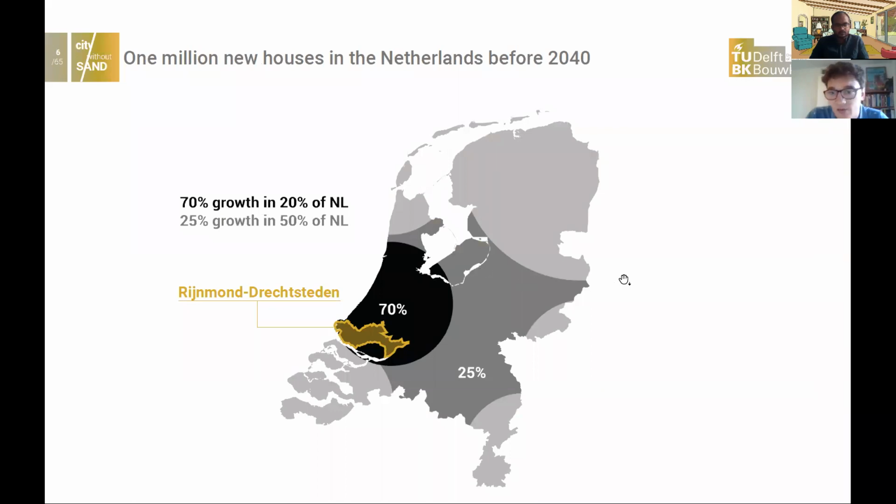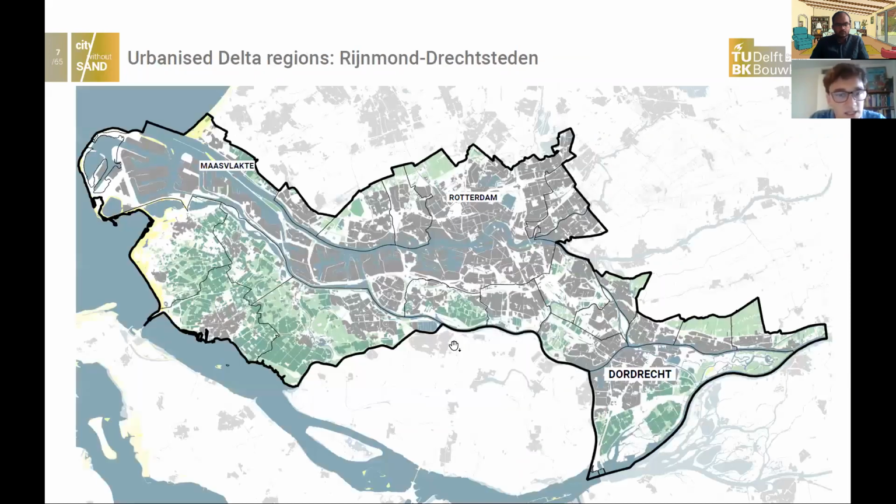And as I already mentioned, a lot of it is used in urban development, and the Netherlands also has the challenge to build 1 million new houses before 2040, with 70% of it in the Randstad region. And that's also where my case study area is, the Rijnmond-Drechtsteden region. This is actually the region between the Maasvlakte and Dordrecht.